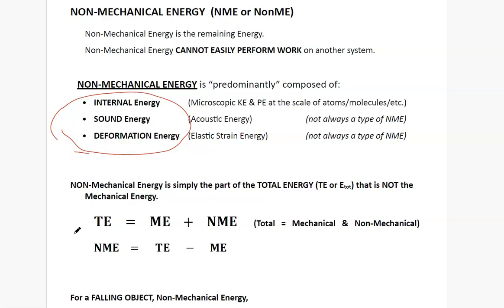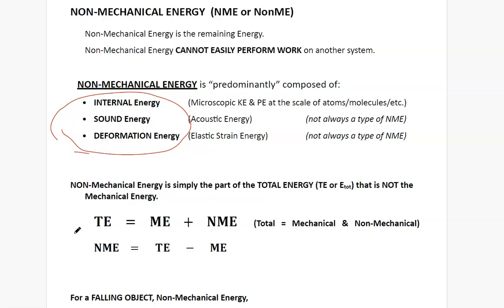All right, so you really just need to know those three exist, and these are especially important when one object hits another object. It will transfer some of its microscopic motion and positions to the atoms that it's contacting. Technically, those are forms of kinetic energy and potential energy, but we do not count them as mechanical energy.